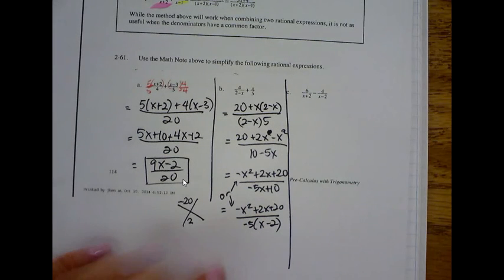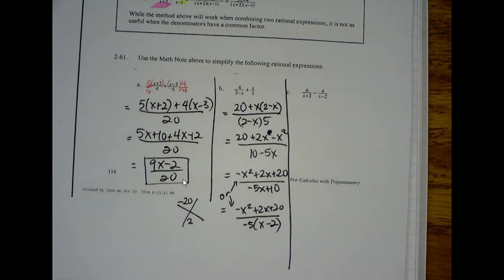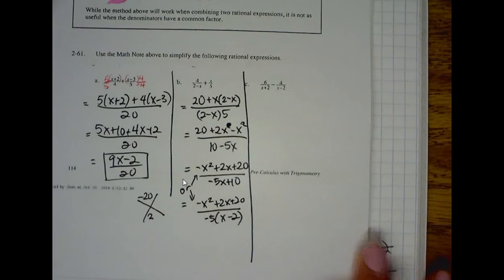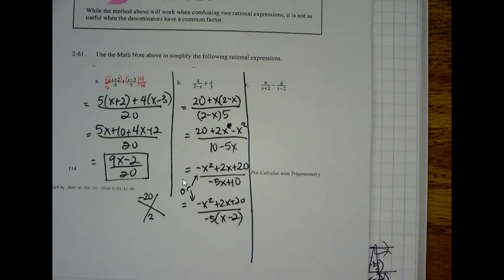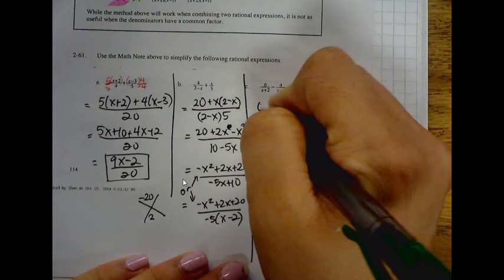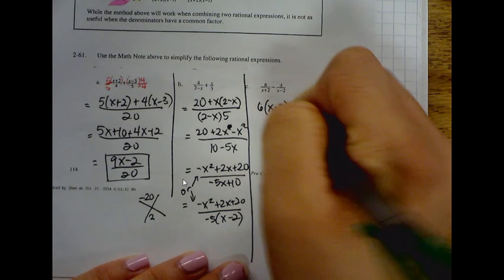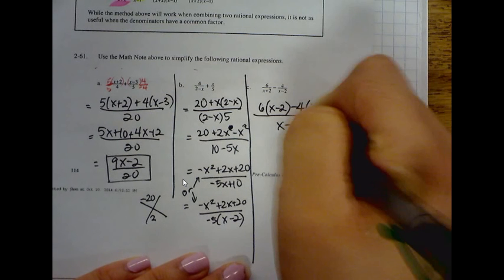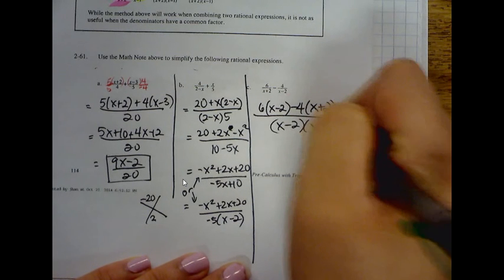Alright. Now what? 6 times x minus 2 minus 4 times x plus 2. Do you guys notice how I still keep my train tracks? Are you guys doing that?